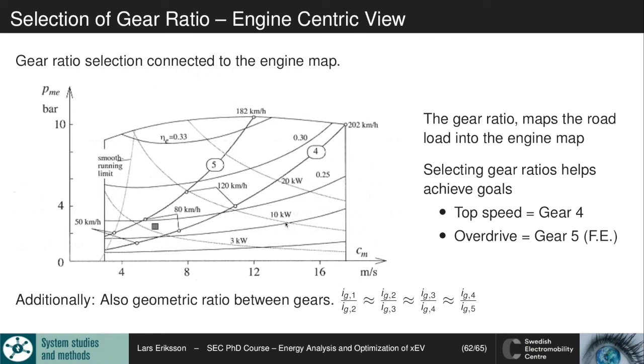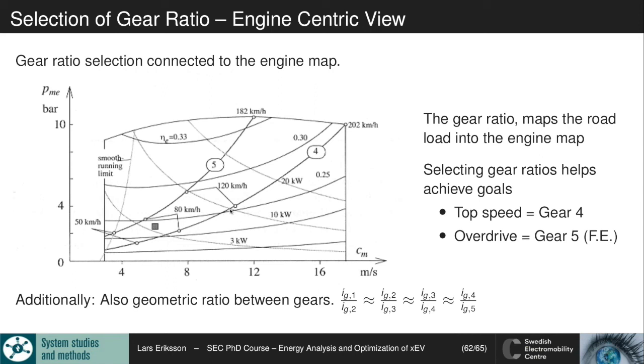According to the simple model, the 120 kilometer per hour point would lie at the same power requirement. I don't really know what's been plotted in this, if it's just an artifact or if it can be the case in reality that you are using a direct drive gear.